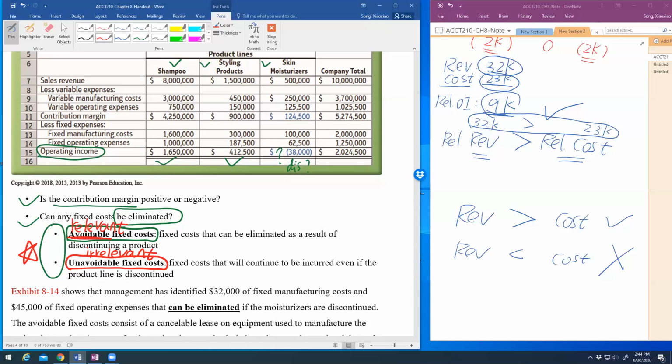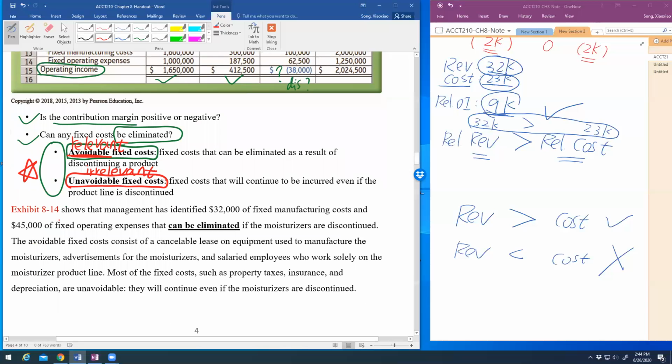We do some examples, so don't worry too much now. I hope you feel better after we do some practice. Okay, so the example shows that the managers have identified 32,000 fixed manufacturing cost, and then 45,000 of the fixed cost that can be eliminated, which means they are relevant, right?